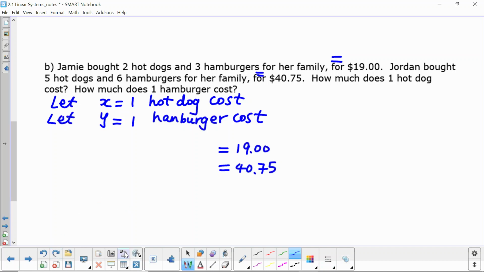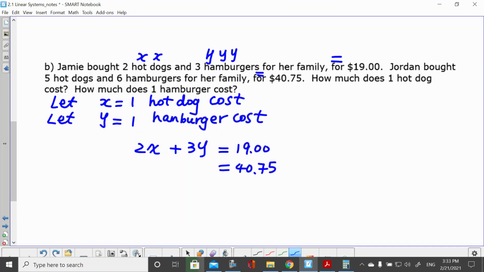Then I will do the first one. Okay, 2 hot dogs and 3 hamburgers. So 1 costs x, 2 you have 2x, 3 hamburgers, 1 costs y, you have 3 of them. You will see, okay, 2x plus 3y.